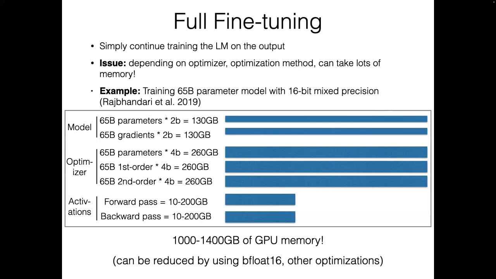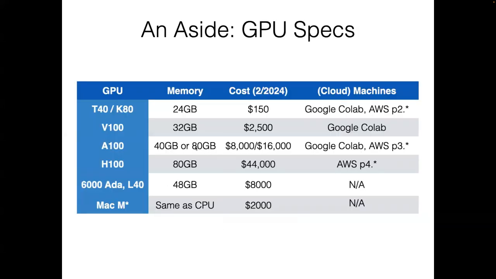And so if we look at some example GPUs, then here we typically have a GPU that's like 24 gigabytes or maybe up to 80 gigabytes. And so we have to do something, because back on that previous slide, we had hundreds of gigabytes or thousands.